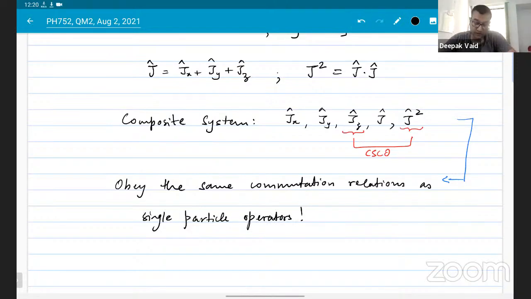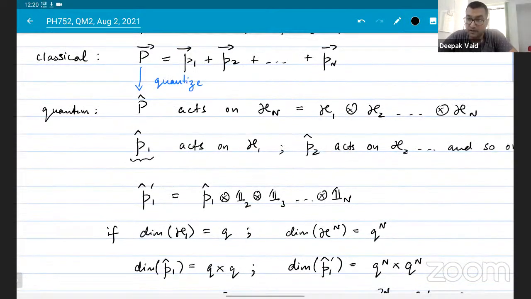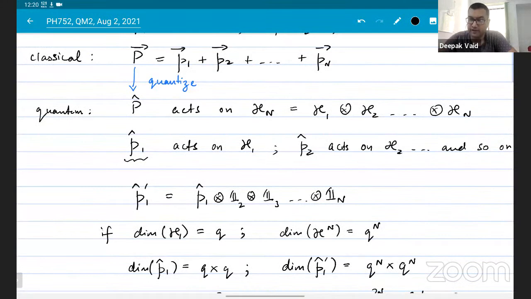Now, if you were talking about linear momentum, this would not really be an issue, because the linear momentum operators, right? They don't have any non-trivial commutation relation. Px, Py, and Pz, they all commute with each other, right?